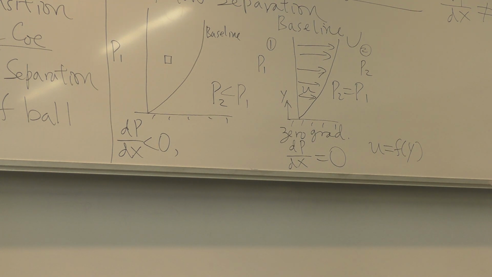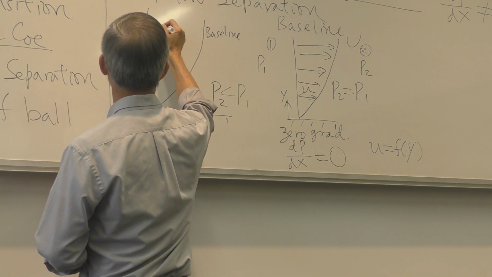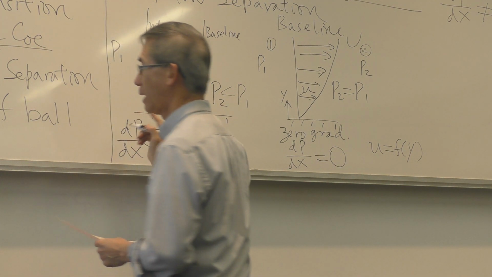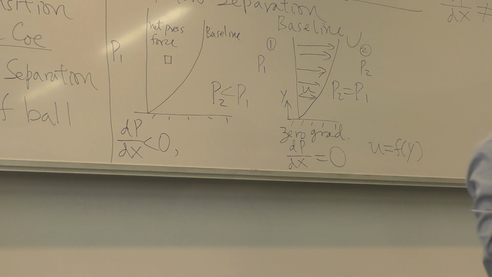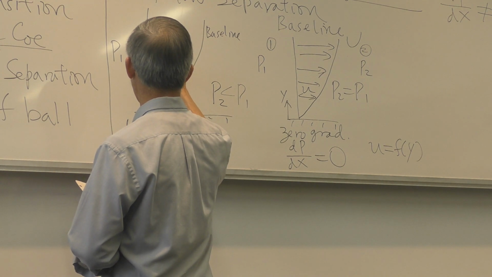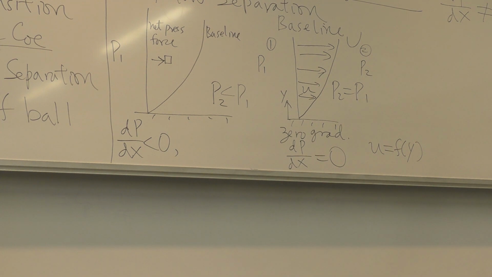If P2 is less than P1, what is the net pressure force acting on this element? To the left or to the right? You all agree, right? Because the pressure is dropping, the net pressure force will tend to take this differential fluid element and push it to the right.